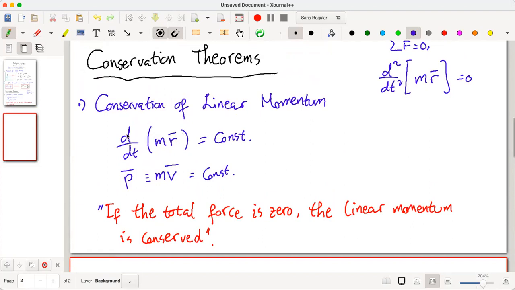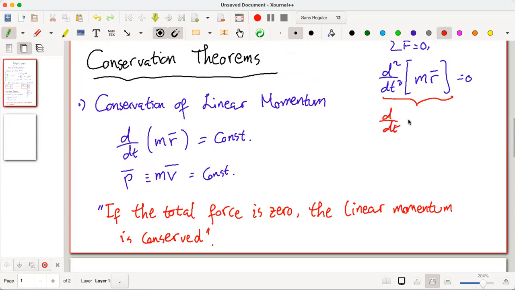No, this is the derivative with respect to time of m times r that is constant, because from here this is just d/dt of m times r.